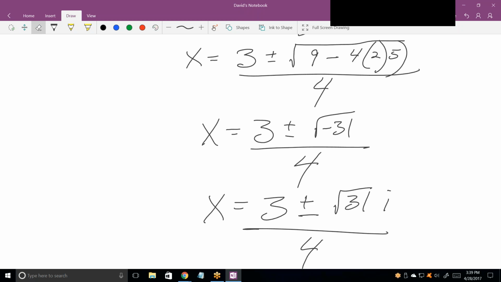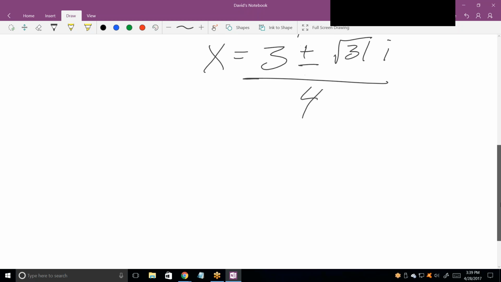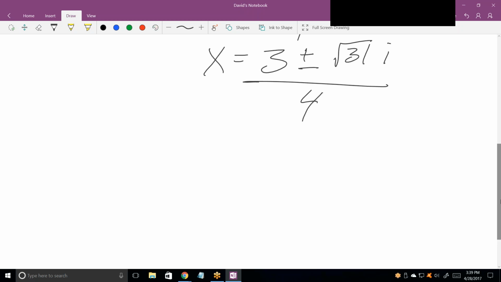Now, that means there were two solutions. 3 plus root 31i over 4 and 3 minus root 31i over 4. Now, it also matters as to whether or not they requested your answer in standard format. Did they? No, it just says find all the complex solutions. If there's more than one solution, separate them with commas. All right.